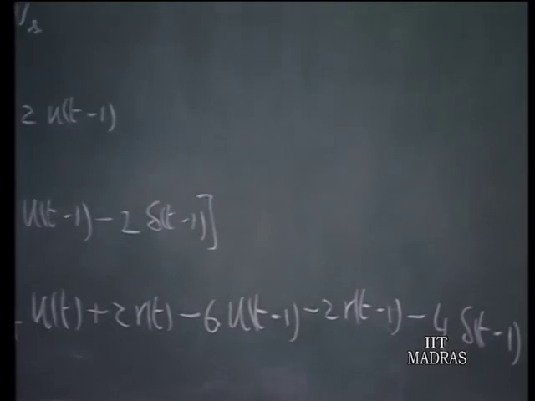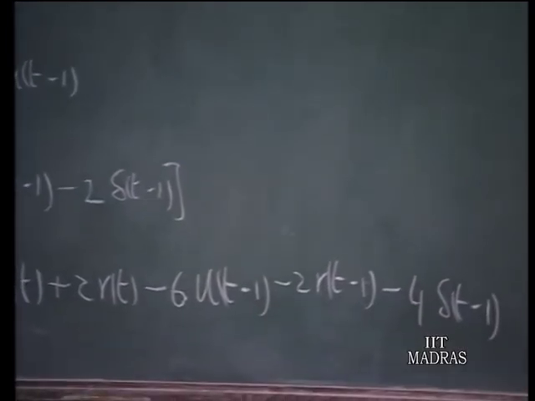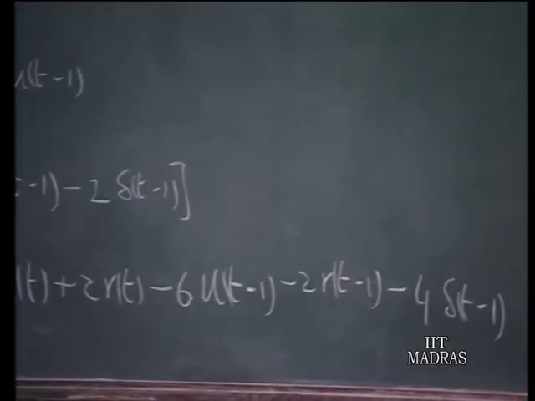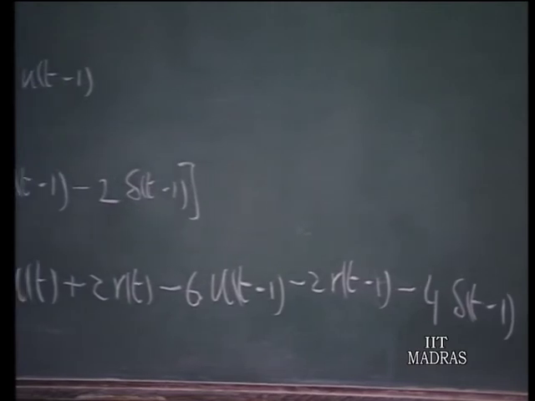That is the expression for Vs: 4u(t) plus 2r(t) minus 6u(t minus 1) minus 2r(t minus 1) minus 4 delta(t minus 1).